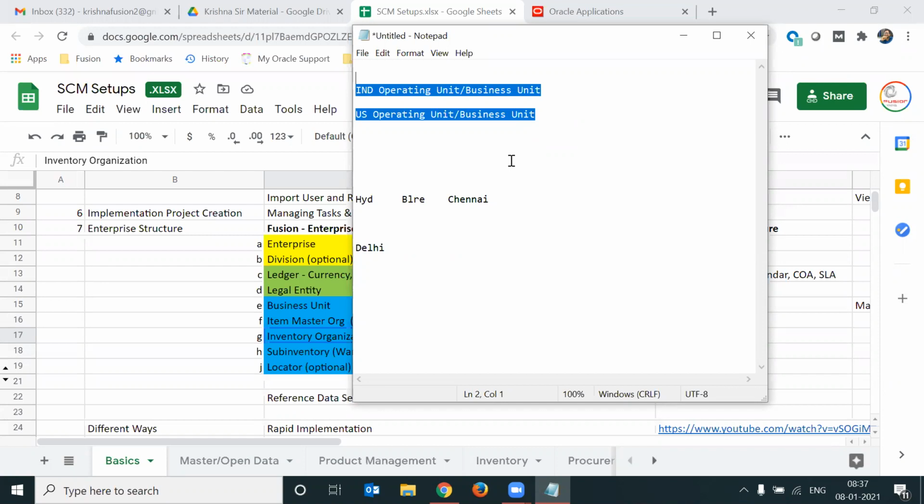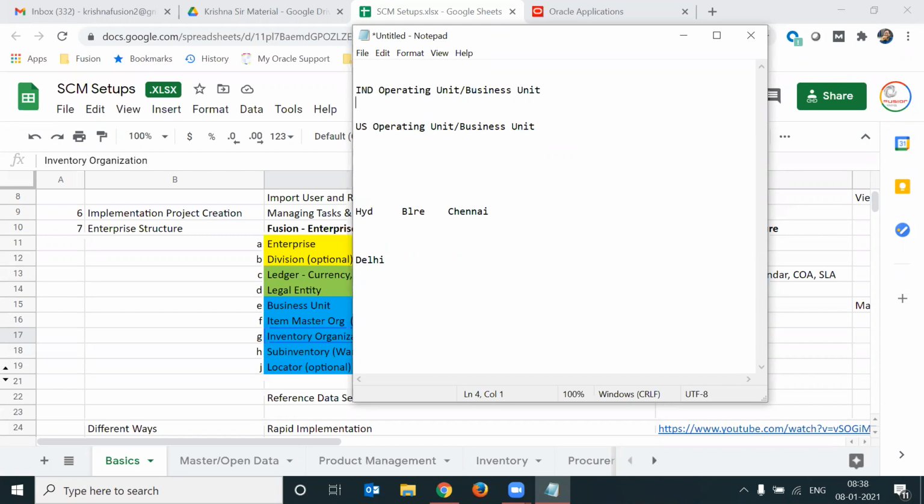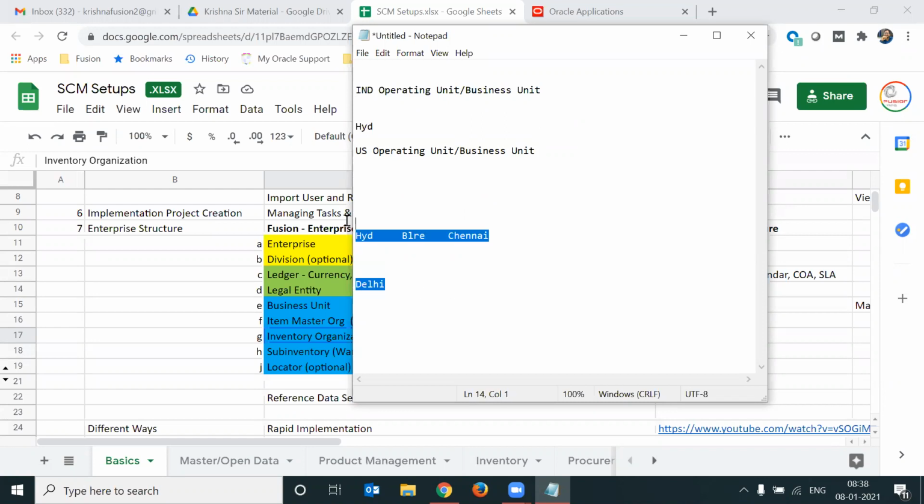Okay. So under India operating unit, you have inventory organizations, like, as I told you, Hyderabad, Bangalore, Chennai or Delhi, everything falls under India. So these are the inventory organizations under India.